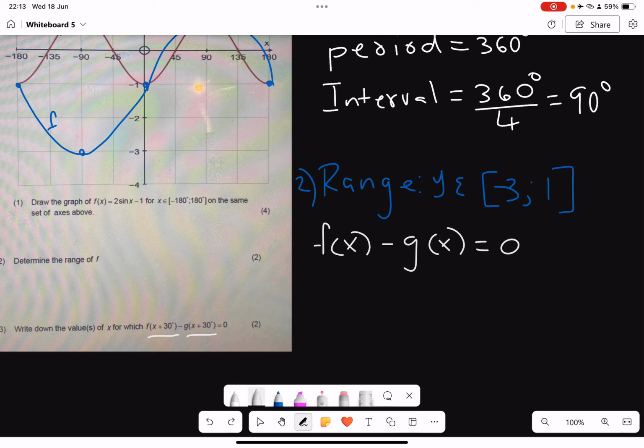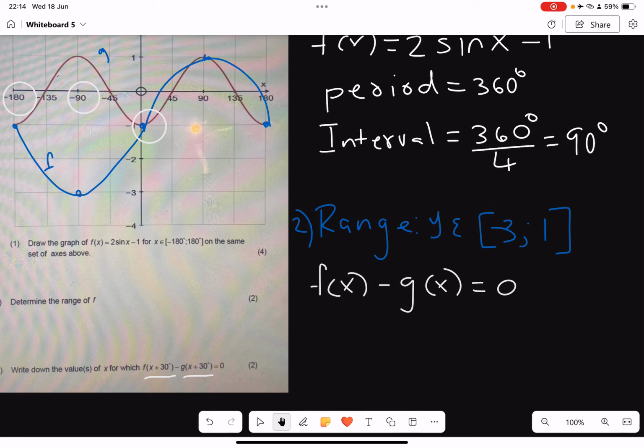And on the graph, I can see that the first point is at x equals negative 180. The second point is at x equals minus 90. The third point is at x equals, what? 0, right?